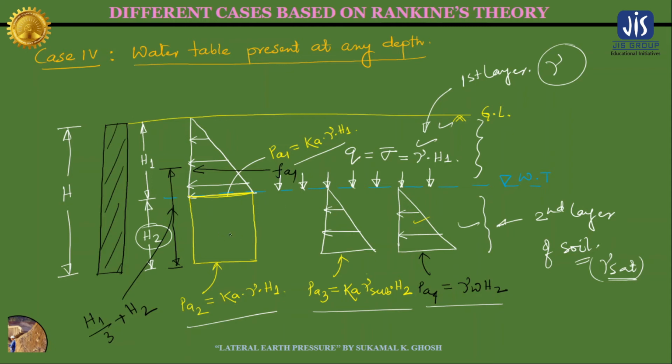Now for this particular distribution diagram, the resultant force will act here, okay, which is FA2, and this depth will be h2 by 2, okay.